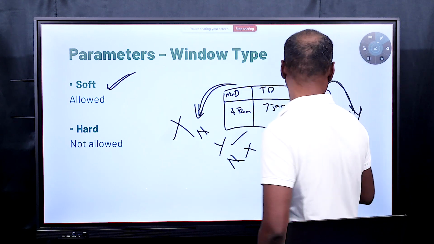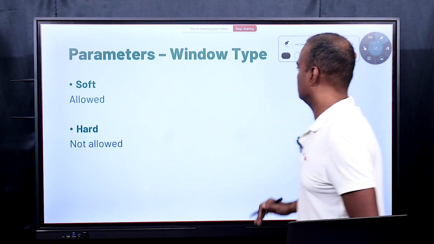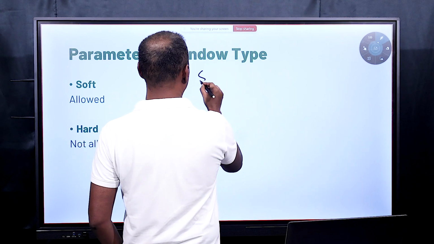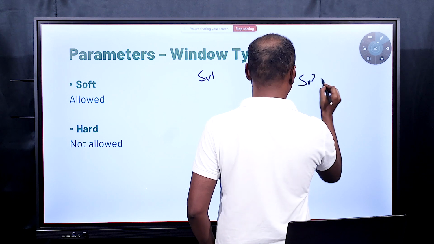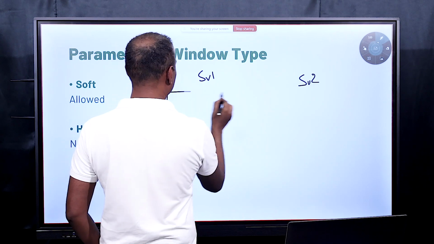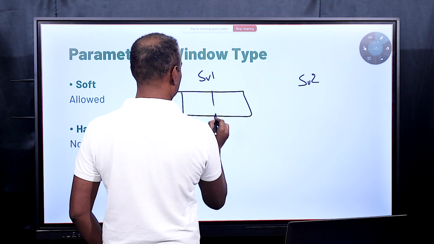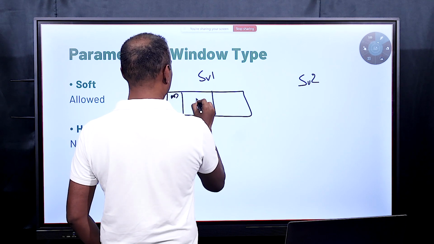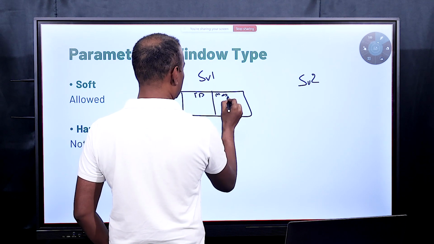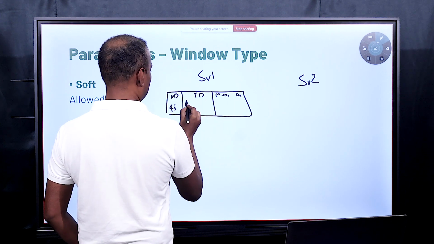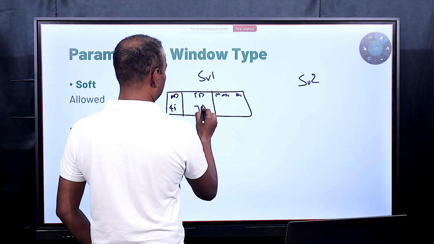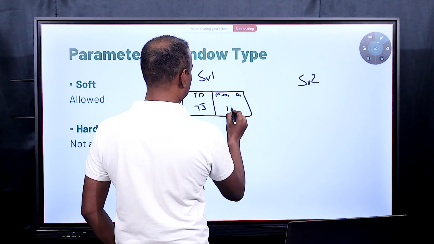There is one more thing I want to tell here. Take a scenario with scheduled visit 1 and scheduled visit 2. Scheduled visit 1: min day, target day, max day are 4th Jan, 7th Jan and 10th Jan.